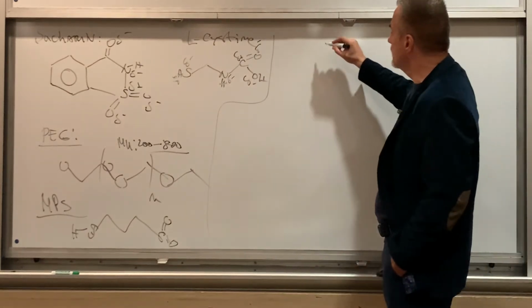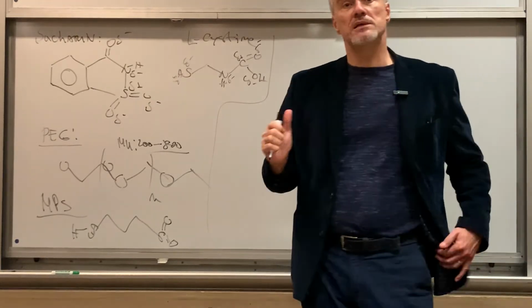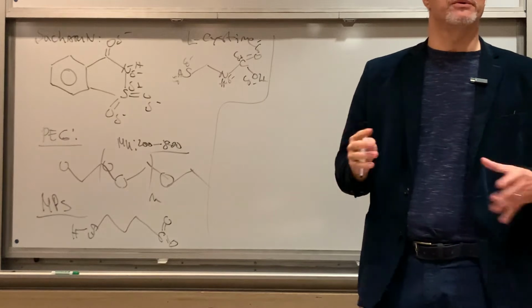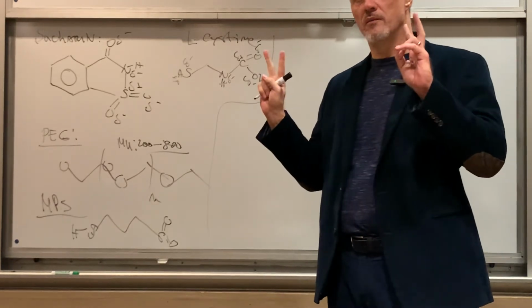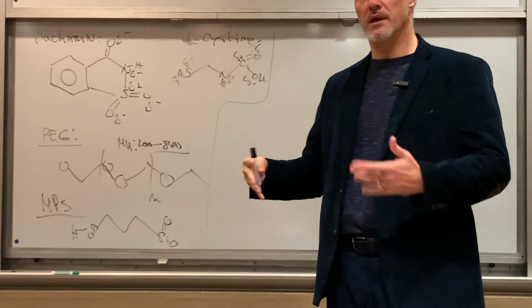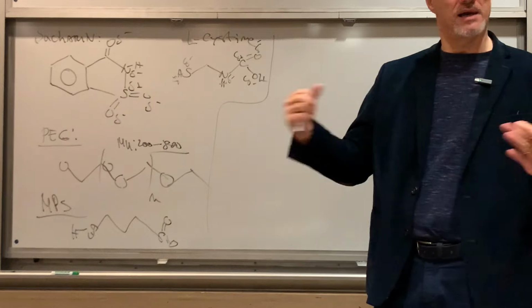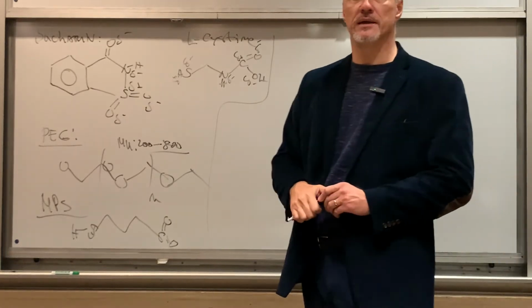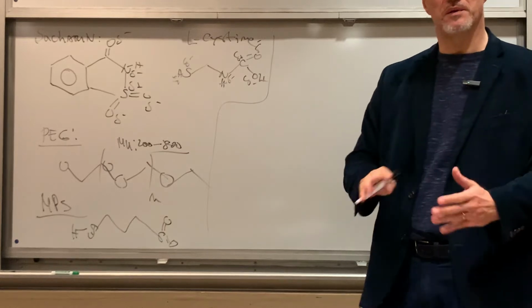Number two, very important, how do we see if there's some kind of interaction between this, which we're going to call now the additive, and our electrode surface? Do we see any sign that this organic molecule will come close to the surface, maybe adsorb?